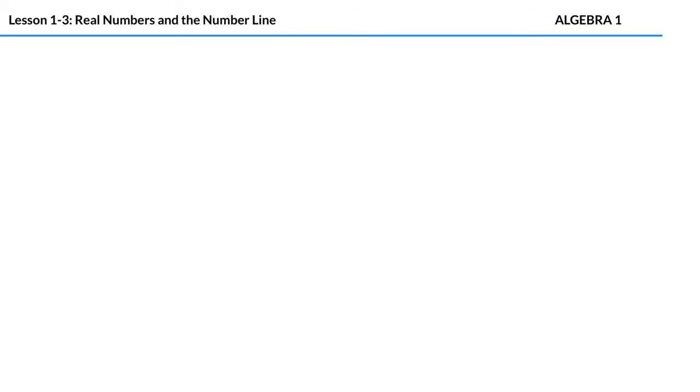Now let's try to understand what is a set. A set is a well-defined collection of objects, and you can classify numbers using sets. So what is a set? It's a well-defined collection of objects written within brackets.